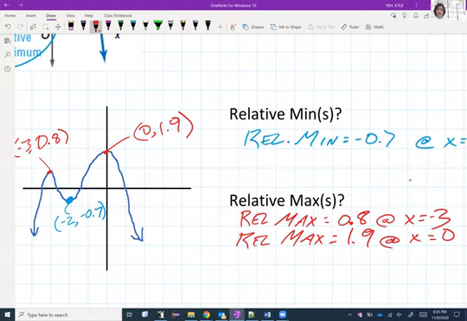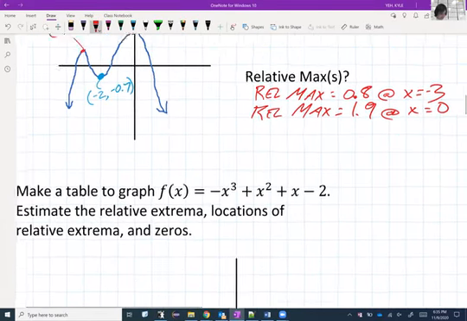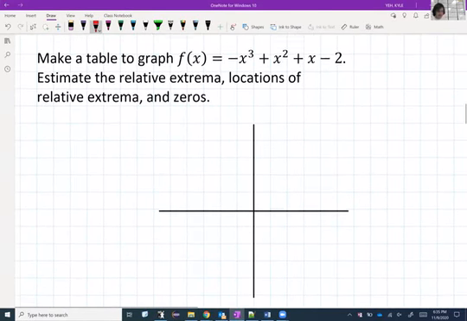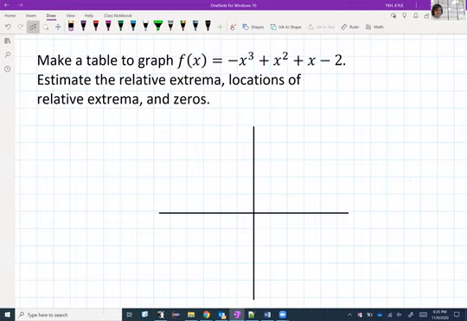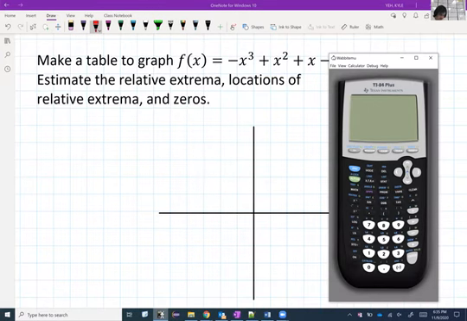Okay, so we're going to put all that together in one more problem, and then that'll be it for this video. It says make a table to graph f of x equals -x cubed plus x squared plus x minus 2. Estimate the relative extrema, locations of the relative extrema, and the zeros. So let's do this. I'm going to use that calculator and just use it to find the table for me.